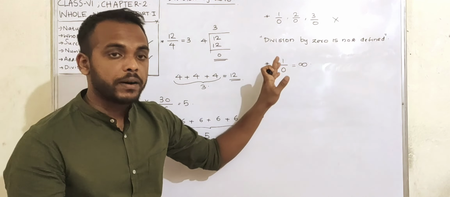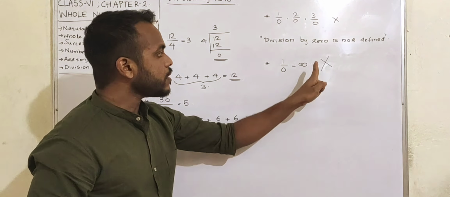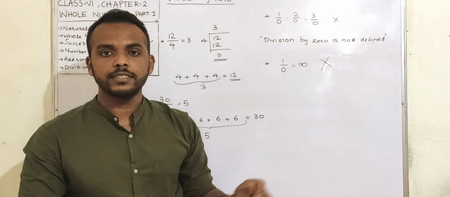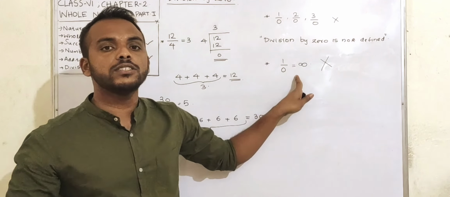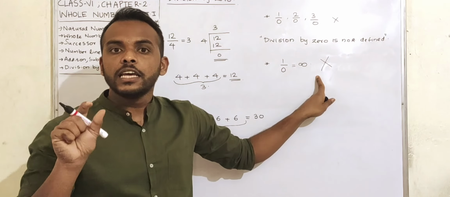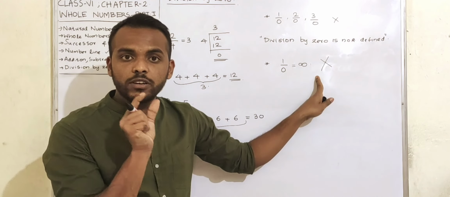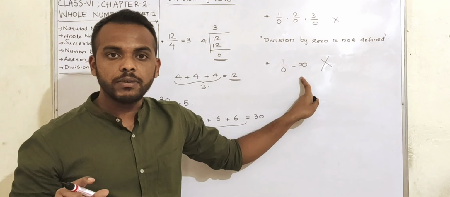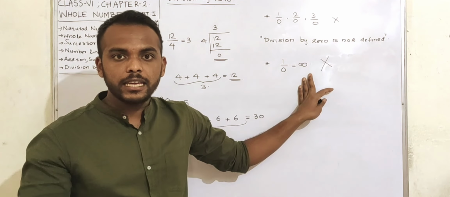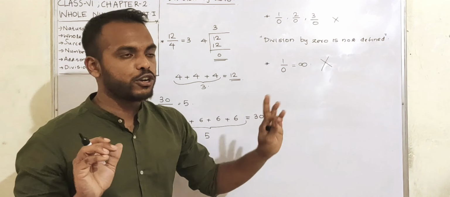But this is mathematically wrong. We cannot say 1 by 0 is infinity. Just for your concept, you can write 1 by 0 is equal to infinity. Even though it is not correct, for doing problems only you can use this symbol. You will use these symbols in your higher mathematics a lot. So I am saying this just as a point.